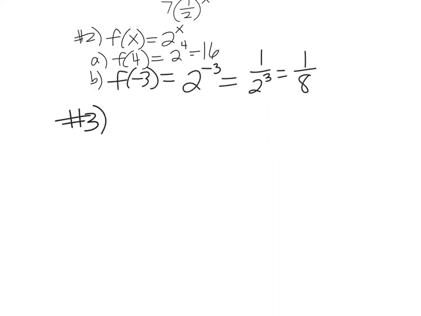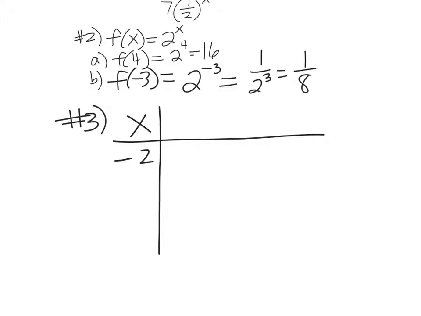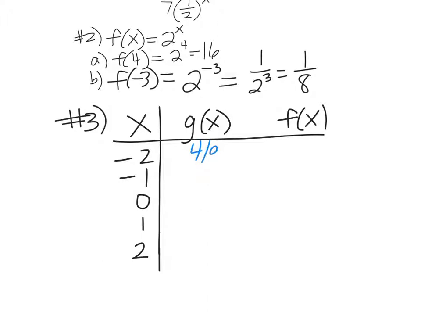Here we go. It's going to be a table of values, and suppose that our x values are -2, -1, 0, 1, and 2. Now I'm going to have 2 functions, g of x and f of x. Let's say the g of x values are 4/9, 4/3, 4, 12, and 36.